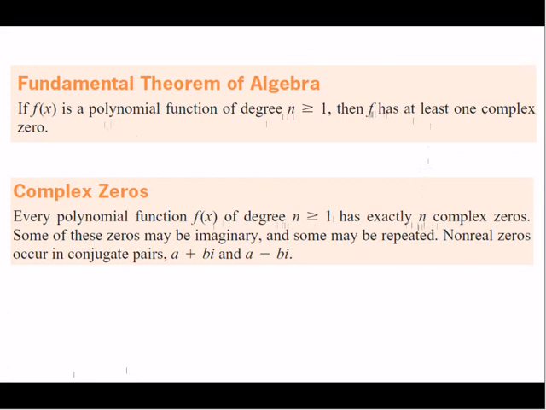Remember that anytime you're dealing with an imaginary zero, imaginary zeros always follow in pairs. We call those conjugate pairs: a plus bi and a minus bi. What makes them conjugate is the a's are the same and the bi's are the same. What makes them different is one's positive and one's negative. So complex or imaginary zeros always go in pairs.